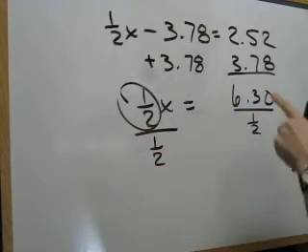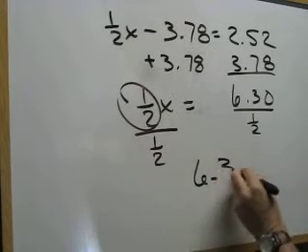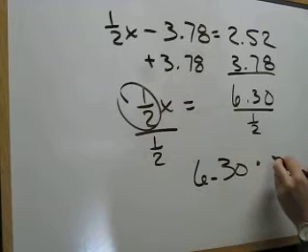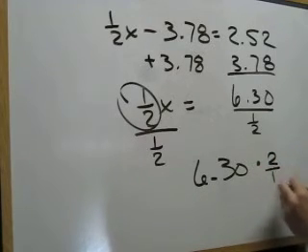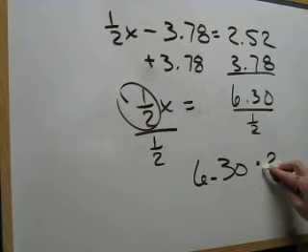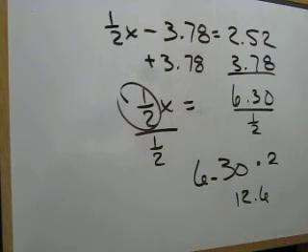Whenever we divide by a fraction, the bottom number, we flip upside down and multiply. We take the reciprocal. We multiply by the reciprocal, 2 over 1, or just 2. So 6.3 times 2 is 12.6, and that ends up being our answer.